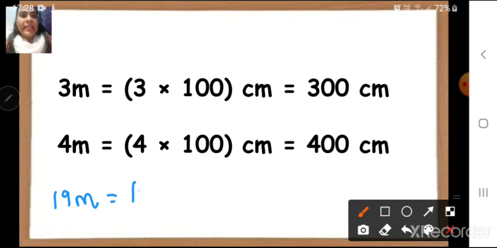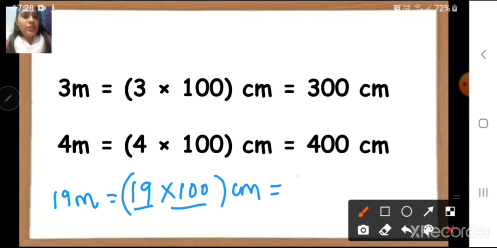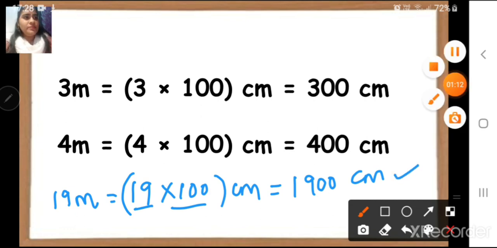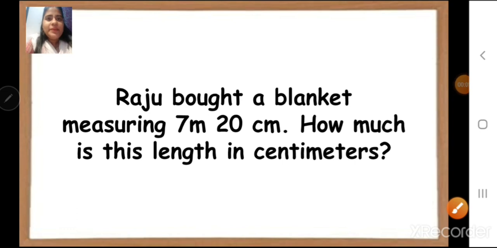So 19 into 100 is equal to 1900 centimeter. Children, remember the multiplication rule. It is multiplied by 100. You have to add 2 zeros here. So 1900 is our answer. Got it? Let us see one more example.